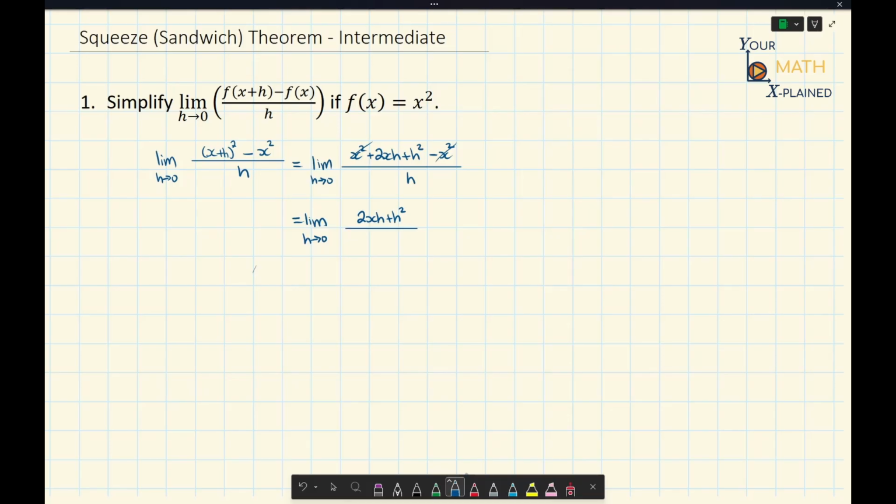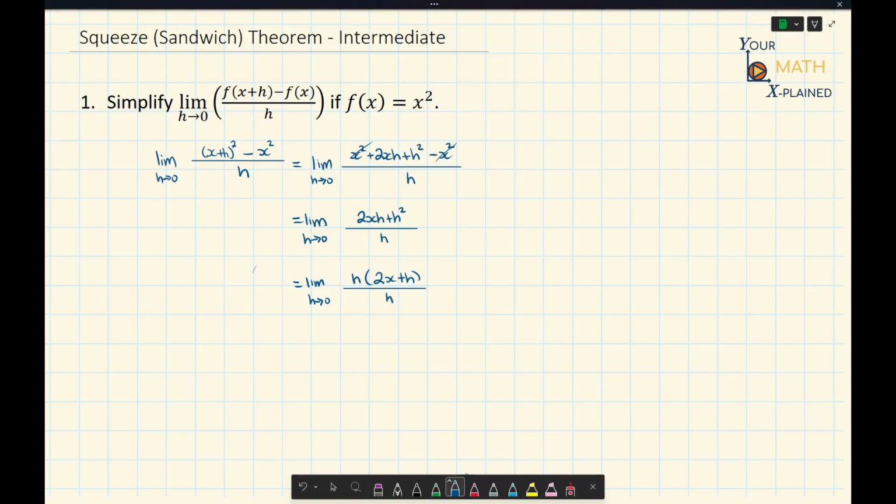So now notice how we have an h in both terms. That means we can go ahead and factor it out. So we get the limit as h approaches 0 of h times 2x plus h, over h. And this is exactly what we want to see because currently we can't use our direct substitution rule because of the h in our denominator.